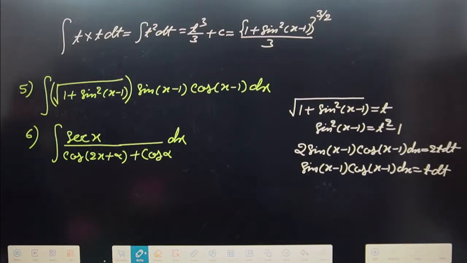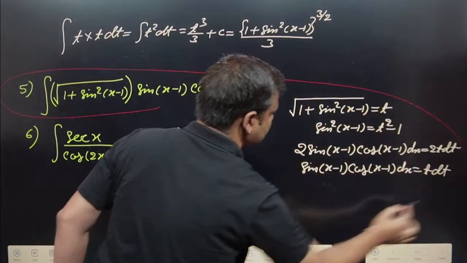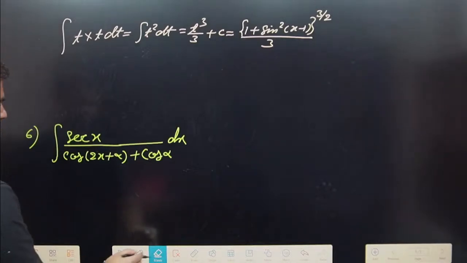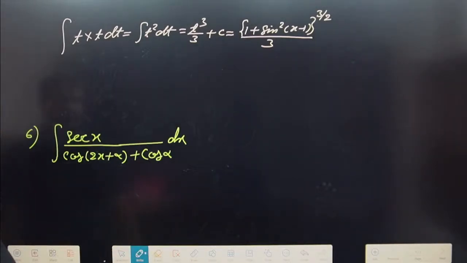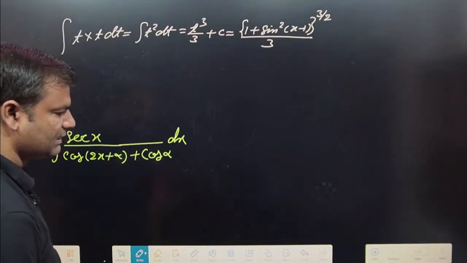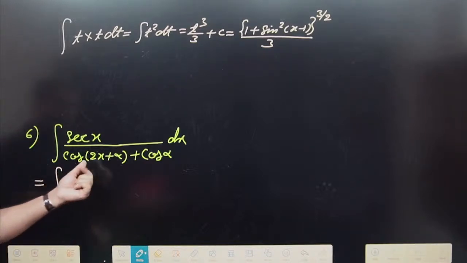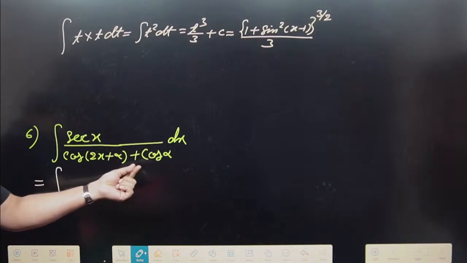Now the next part is question number 6. How can we do it? Look, sec x upon under root cos of 2x plus alpha plus cos alpha dx. Now here apply the formula cos c plus cos d.